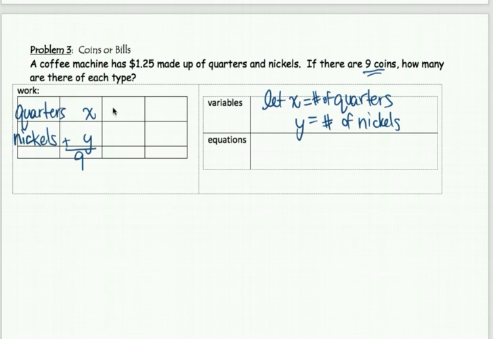For the quarters, again, you need to multiply by 0.25, so 0.25x, and then the nickels, 0.05y, for a grand total of $1.25. Okay, so here are your two equations.